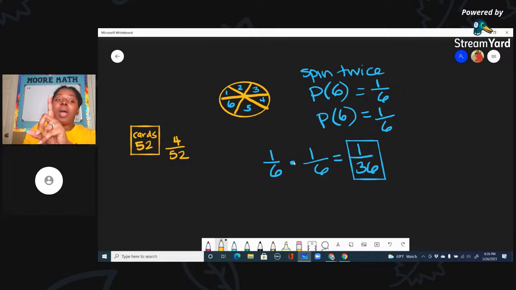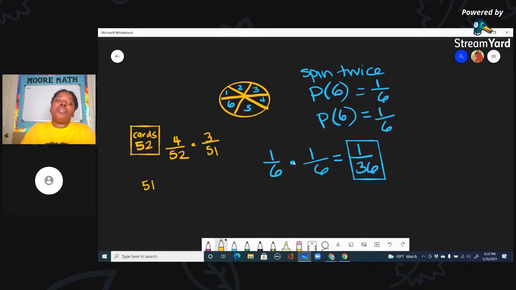Well, hold on. How many cards do I have? Don't give me the probability. Just how many cards do I have left? 51. Okay. Now, what's the probability that I'm going to get an ace again? If I already have one ace, how many aces do I have left? 3. So what we would do is this.